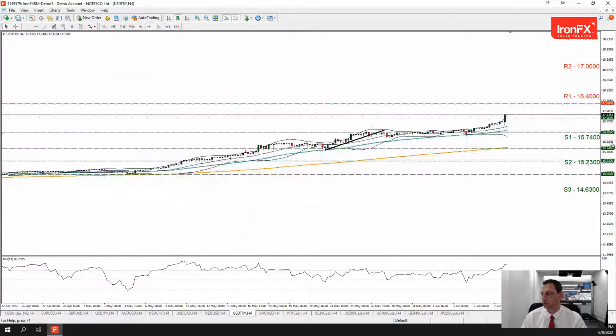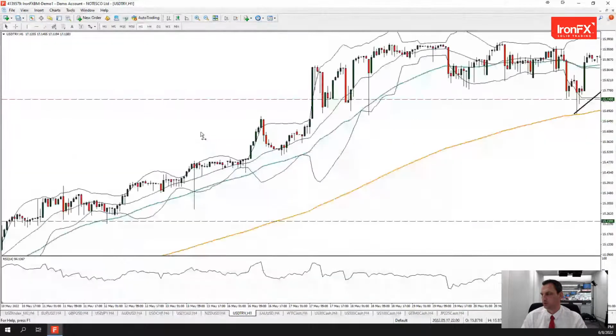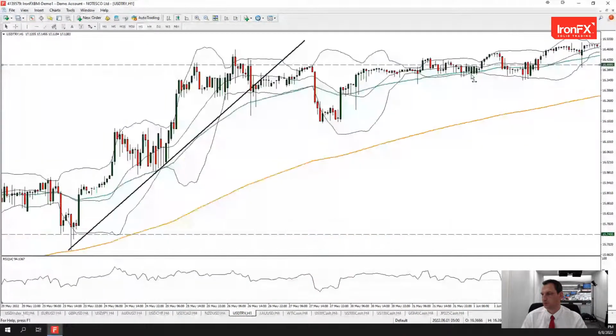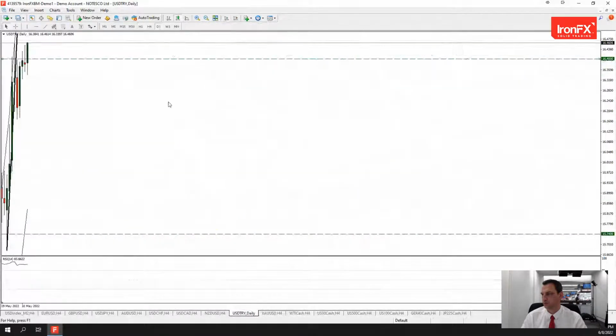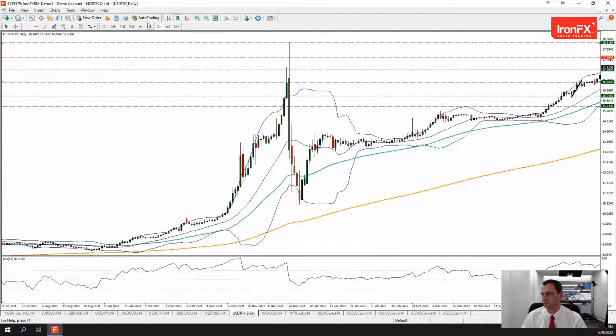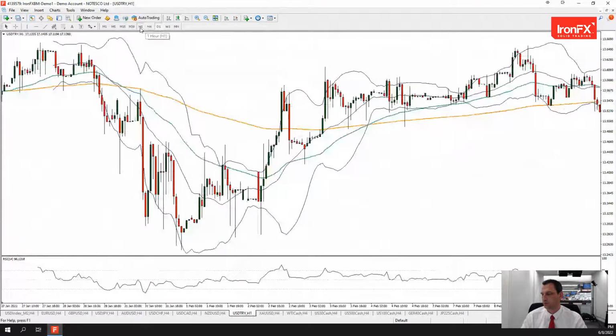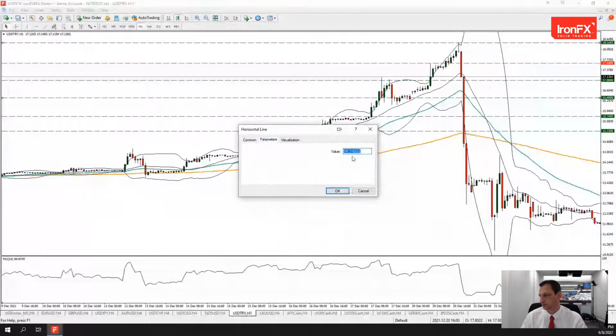Drilling down to the 1 hour chart for more precision. One hour chart. Here you go. In red. And that's going to be the 18.32.